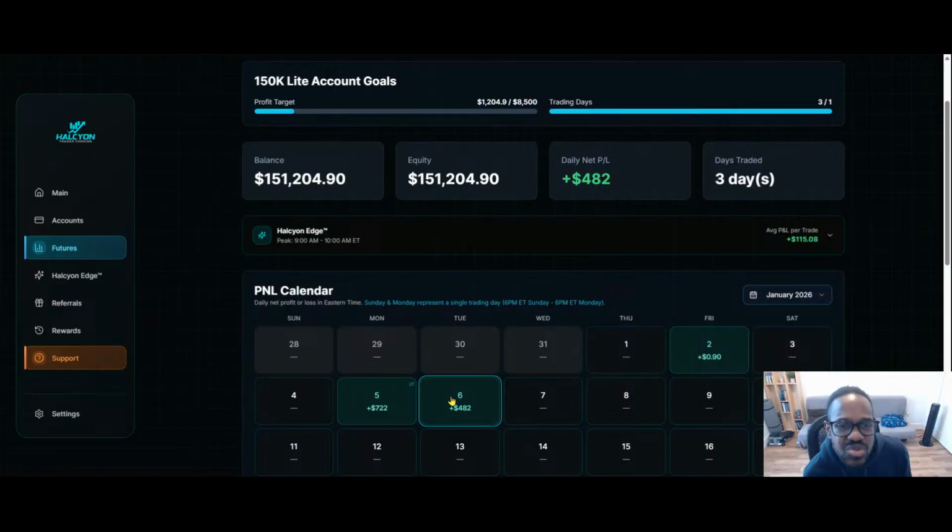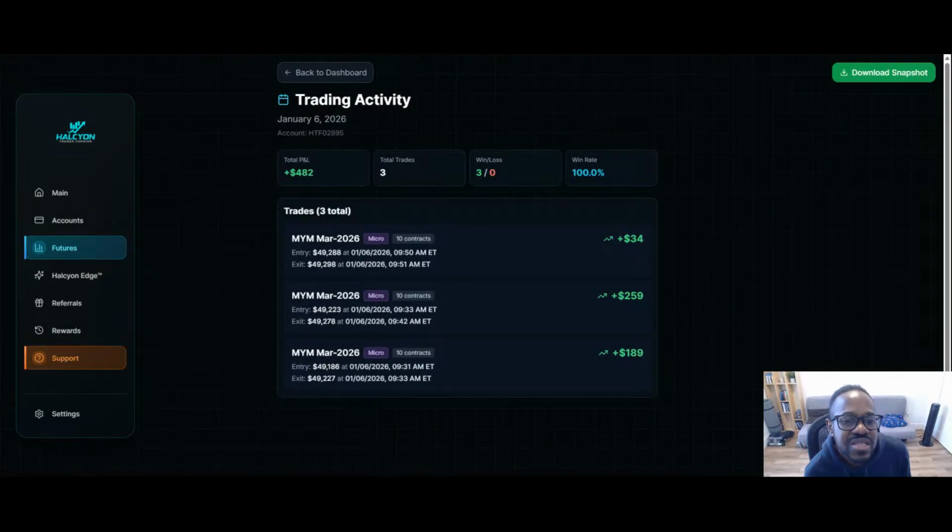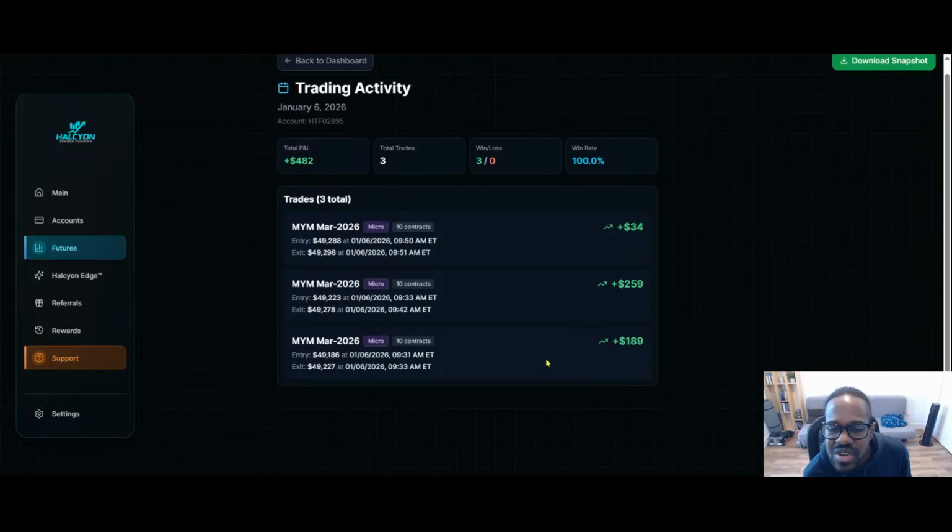And I'm going to open up the details of those trades, so y'all can see exactly that. That's exactly what we have. So three trades today, 100%.